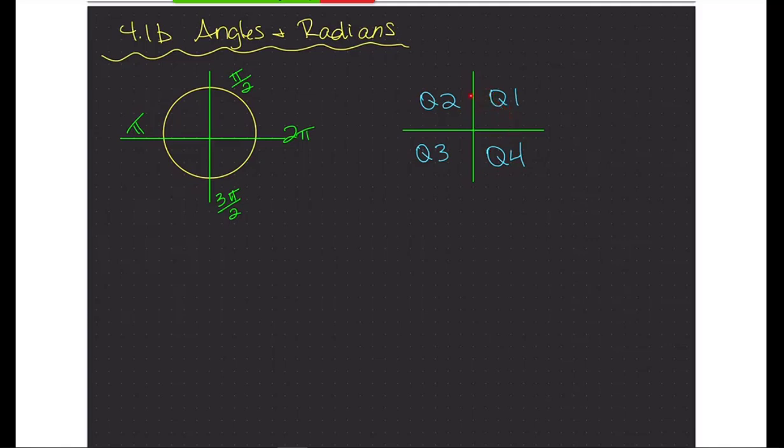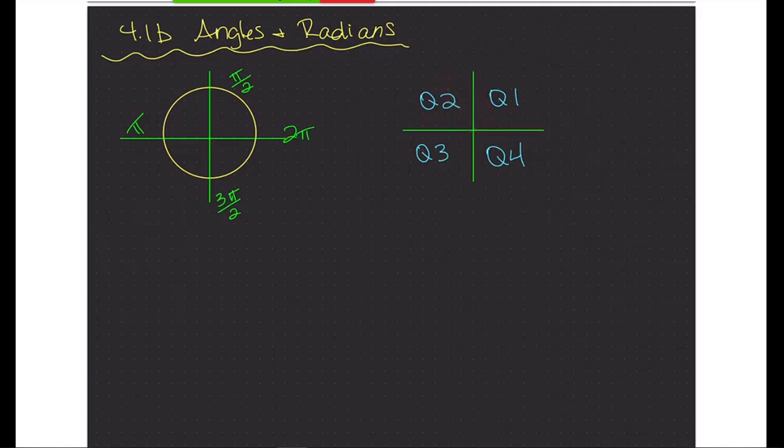What degree angles are going to be in quadrant 2? It would have to be more than 90, but less than 180.